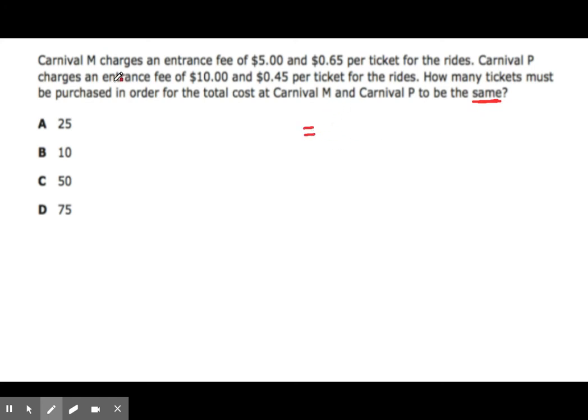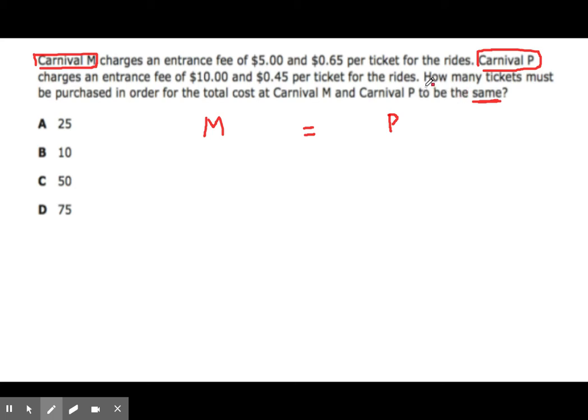Let's see, what are we comparing here? We're comparing Carnival M and Carnival P. All right, so Carnival M has to be equal to or the same as Carnival P. All right, now let's figure out what our variable is going to represent. Anytime I need to figure out what my variable represents, I want to go to the last question.